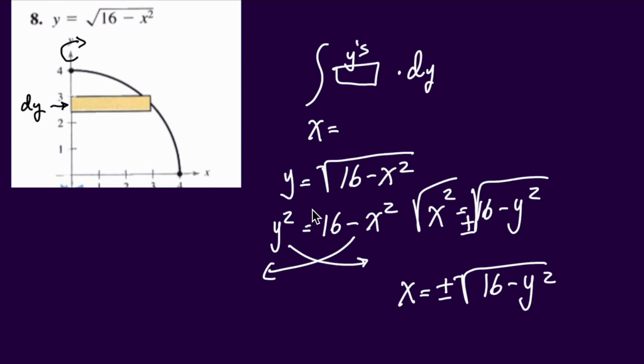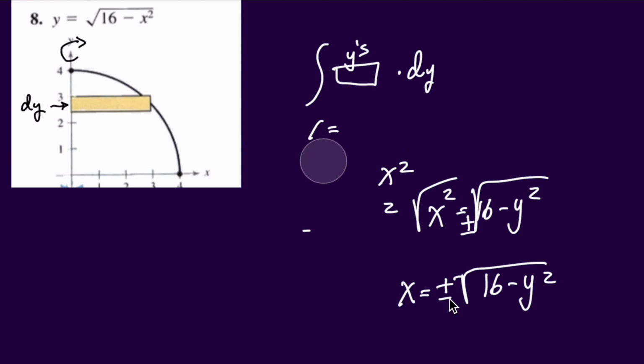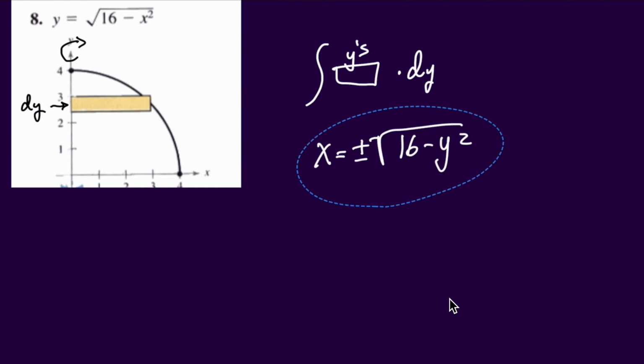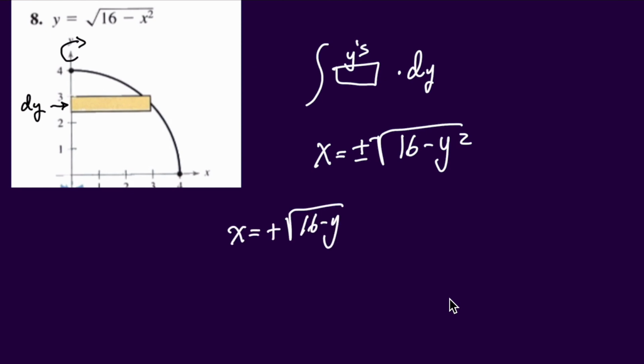Now, folks, the question is, which version of this function is it, the positive or the negative version? So my suggestion here is to look at the points that are given to us. So we have two possible scenarios. We have x equals positive square root of 16 minus y squared, or x equals negative square root of 16 minus y squared. Let's go ahead and plug in this point, which is 4 comma 0.